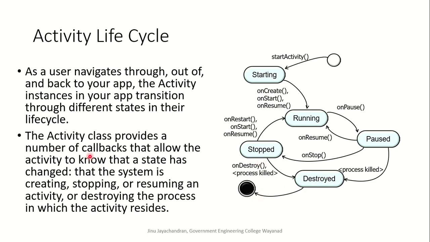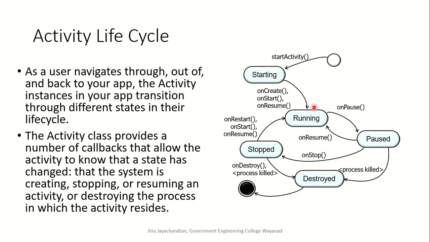So activity provides a number of callbacks that allow the activity to know that a state has changed. So all these states are being transitioned in the Android operating system. The activity should know what the state is for each of them, and it is through something called a callback function.